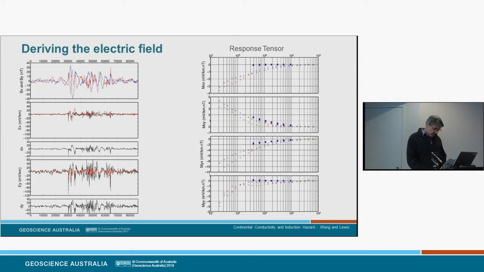So I hope it shows that with measured magnetic field and the conductivity model, you can derive a reasonable estimate of the local electric field, which can be applied in the engineering step to calculate GICs in networks and induction and for hazard and risk modelling.